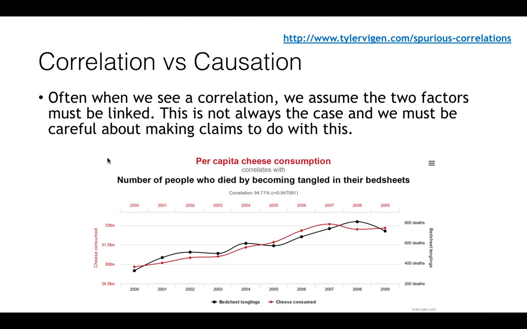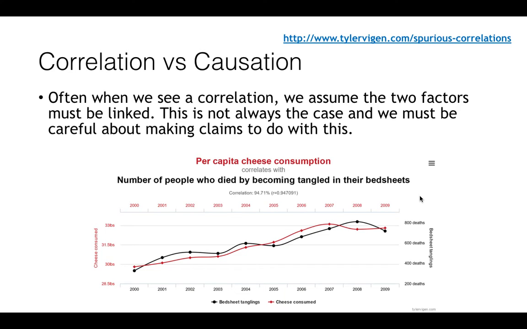So here's an interesting example here. Per capita cheese consumption, so that is the amount of cheese that is consumed per person in an area, correlates almost exactly with the number of people who died by becoming tangled in their bedsheets. Obviously, these two things aren't actually linked in any way.